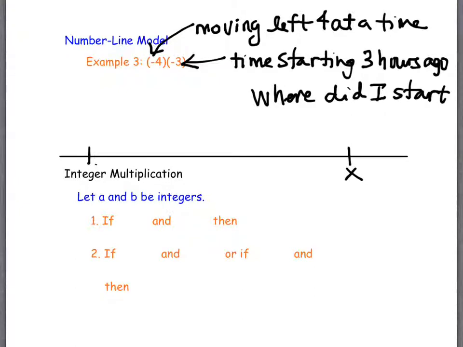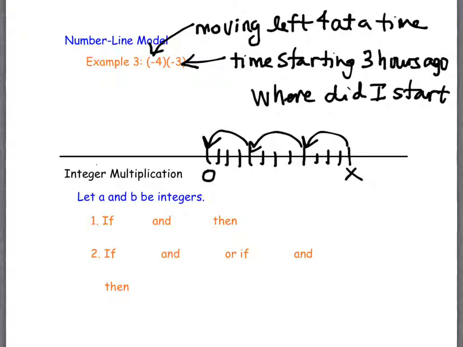So we're going to make 4 left, 1, 2, 3, 4. That's my jump of length 4, 1 time. My jump of length 4, 2 times. My jump of length 4, 3 times. Okay, is everybody good with that? Move left 4 times.